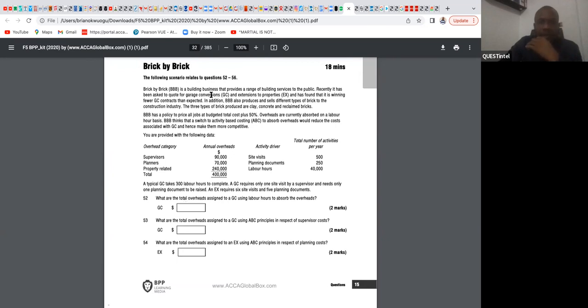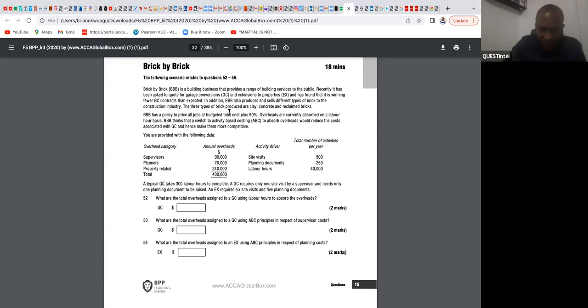Brick by Brick is a building business that provides a range of building services to the public. Recently, it has been asked to quote for garage conversions and extensions to properties, and has found that it is winning fewer garage conversion contracts than expected. In addition, Brick by Brick also produces and sells different types of bricks to the construction industry.